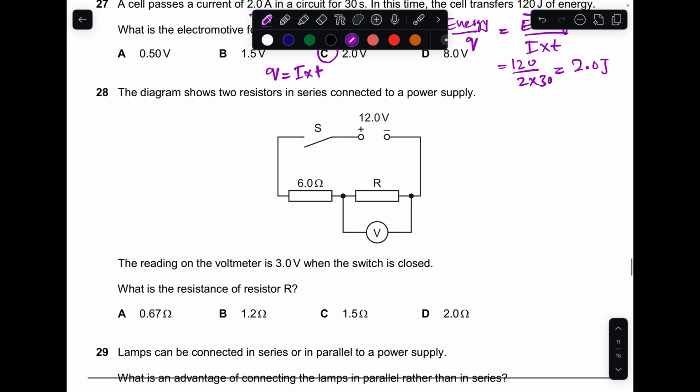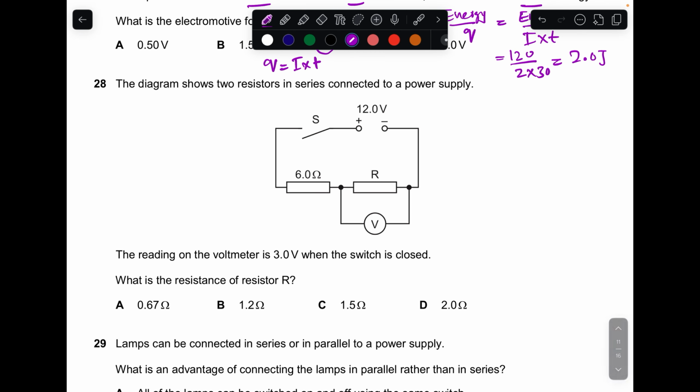In question 28, the diagram shows two resistors in series connected to a power supply. The reading on the voltmeter is 3 when the switch is closed. What is the resistance of the resistor R? Okay, so the reading on the voltmeter is 3 volts.